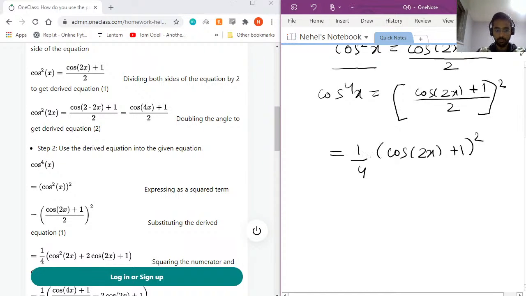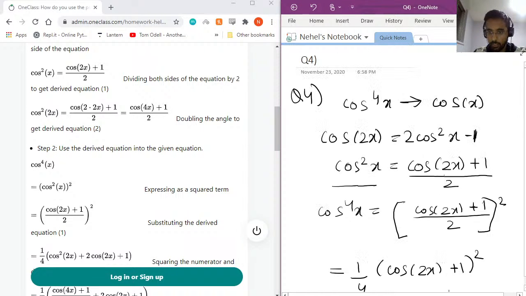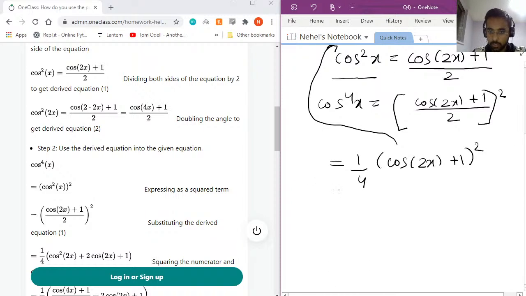Now, as we know, cos 2x, as we wrote previously above, is nothing but 2 cos square x minus 1. So we can use that equation in our right hand side in order to further simplify this. 1 over 4, actually it'll be easier if we use it once we square it, so let's do that.